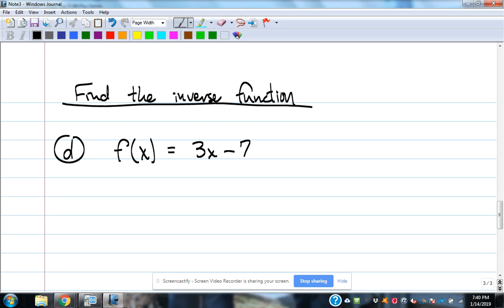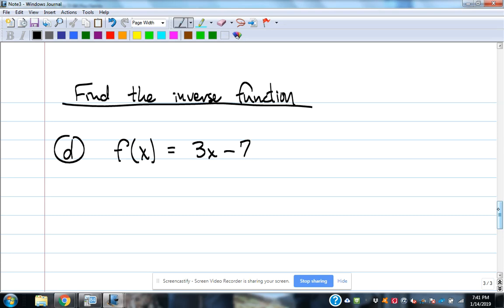What, back from the first page of this section, what do inverses do? Inverses swap the domain and range. Domain is x, range is y.